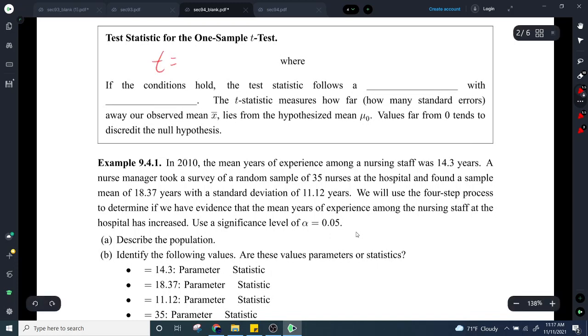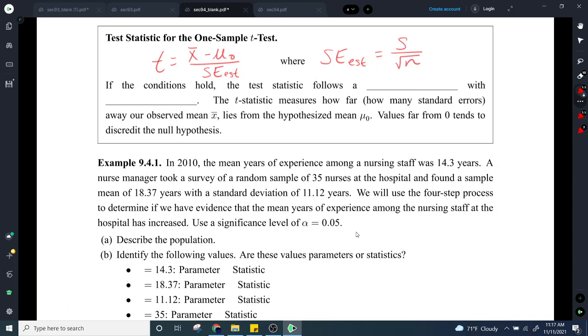T is equal to x bar, our sample mean, minus mu naught, divided by our standard error. Really similar to what we did in the previous part of this unit. Our standard error, we calculate the exact same way we did with confidence intervals: our sample standard deviation divided by the square root of n.